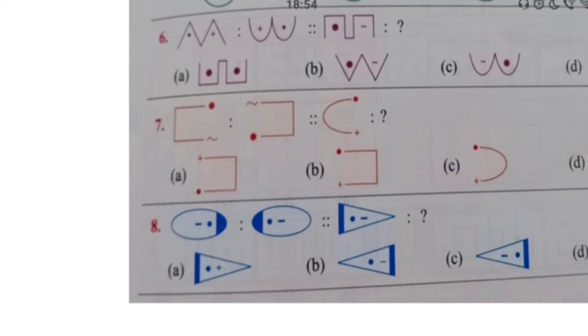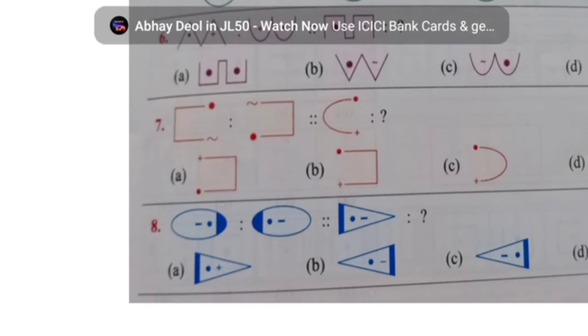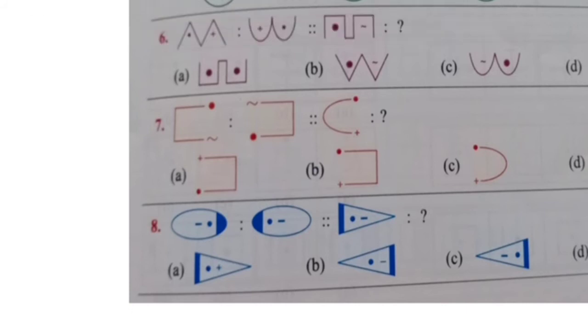So we have to find exactly the opposite side of it. Exactly the opposite side will be C option. First would be the minus sign, then the dot sign and then shaded. So our correct option will be C.